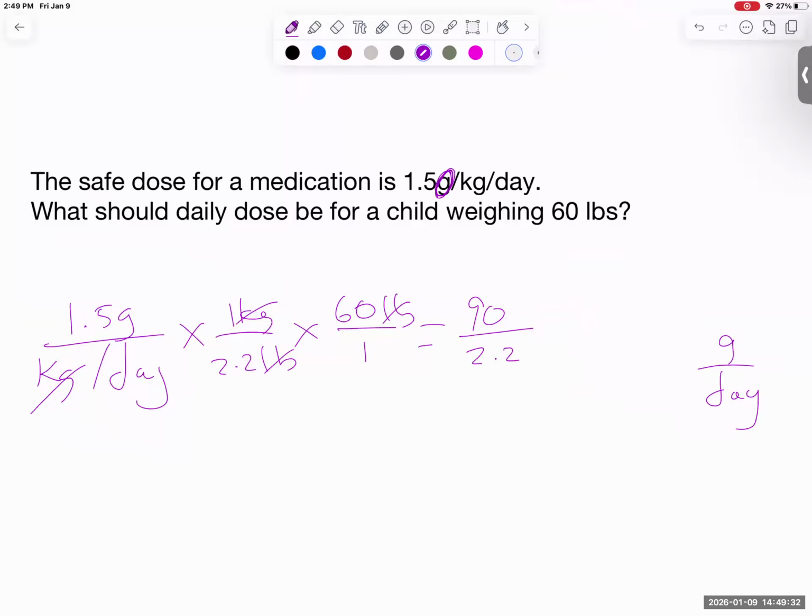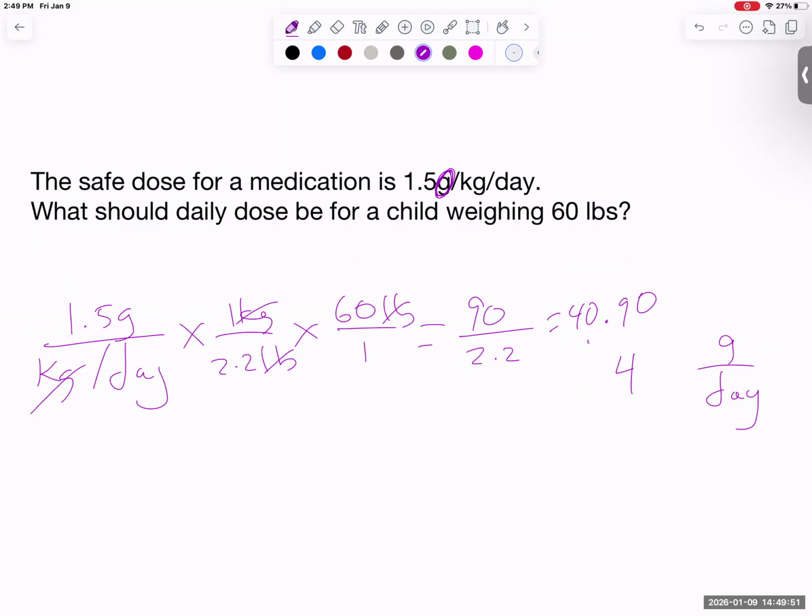Hold on one second. Okay, so 90 divided by 2.2 will give me 40.90, and any number greater than 10, we round to the whole number. So the answer will be 41 grams per day.